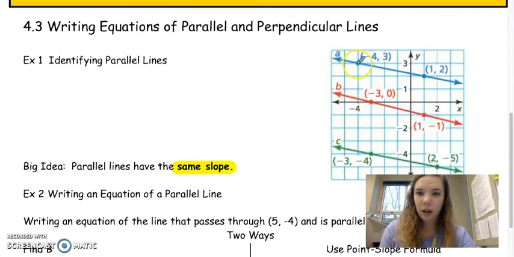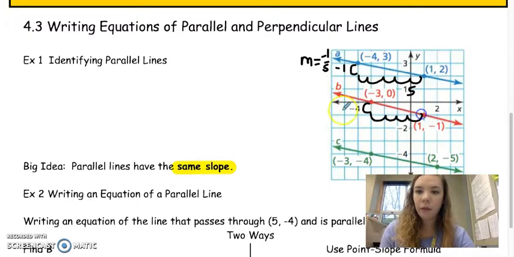So for line A, I'm going down 1 and over 5. So my slope is -1/5. For B, I'm going down 1 and over 4. And then for C, I'm going down 1 and over 5.